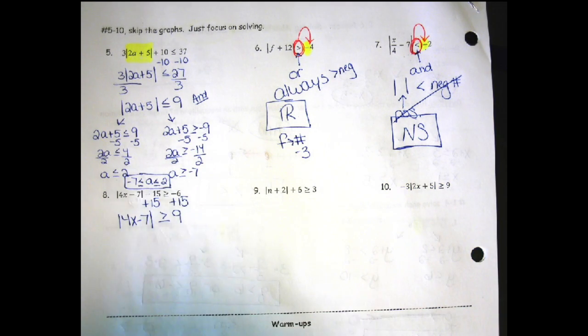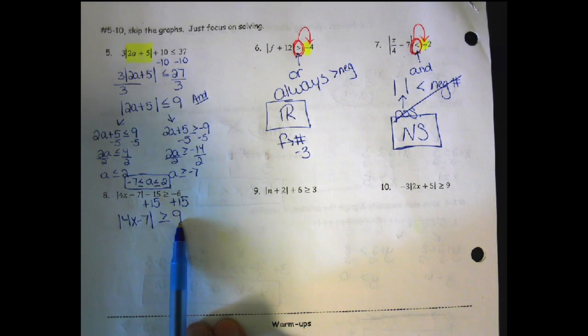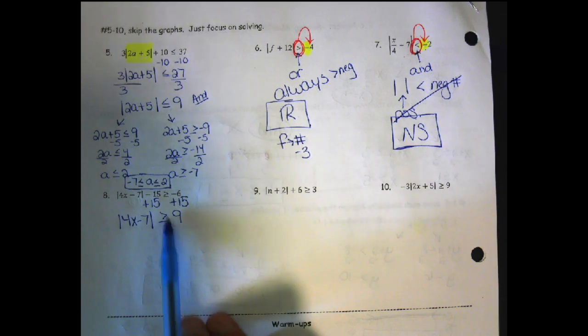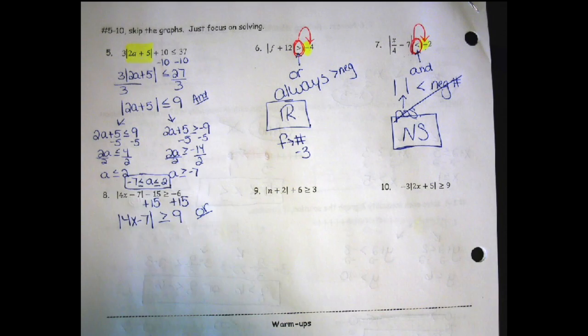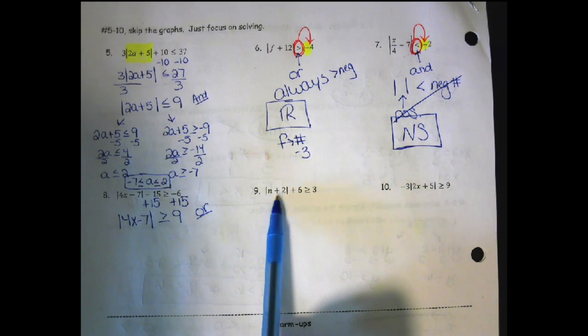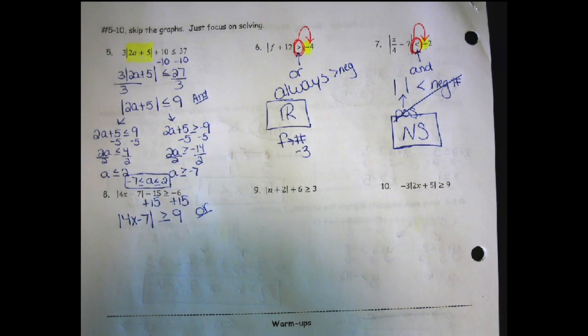Now you decide, can I solve it? Sure, 9's positive. I can solve this. And notice this is the greater, so this is going to be the or. You cannot make a decision until your absolute value is isolated. So please, please make sure the absolute value is isolated first.